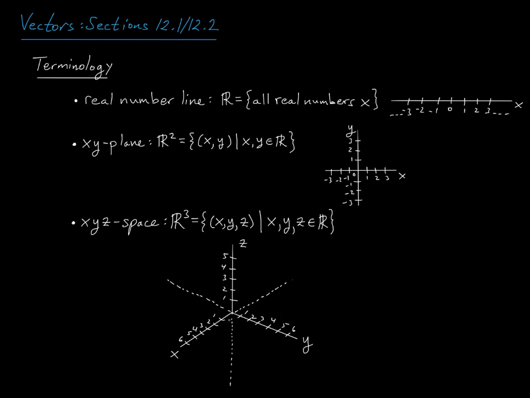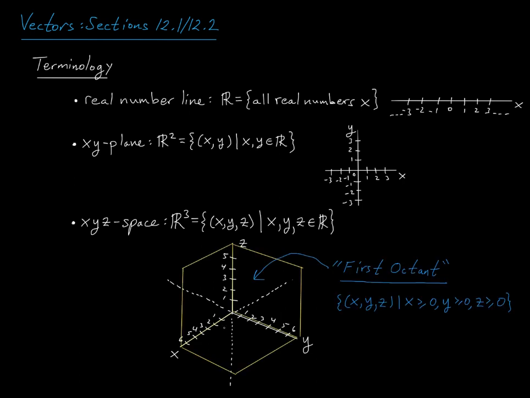The numbering scheme in three-dimensional space is not so important, but one octant that tends to get a lot of attention is what we'll call the first octant, and by definition, that consists of all points in space where the x, the y, and the z coordinates are non-negative. So it's this region in here.